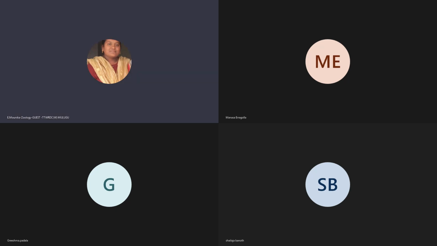Here HLA means human leukocyte antigen. This human leukocyte antigen is present in human beings, and it is present as a set of surface molecules on the nucleated cells.